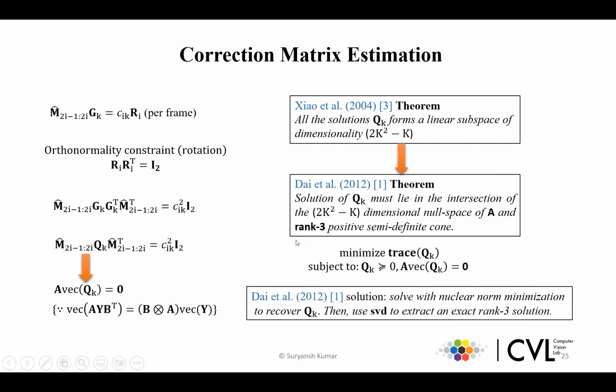They solved it. They also got the best paper for this. But remember, when we are doing this SDP minimization, we didn't end up in an exact rank. What they did is, once you get the solution, you take SVD and pull out the 3 independent columns. That's what they did in their solution, just to impose the rank 3 constraint.